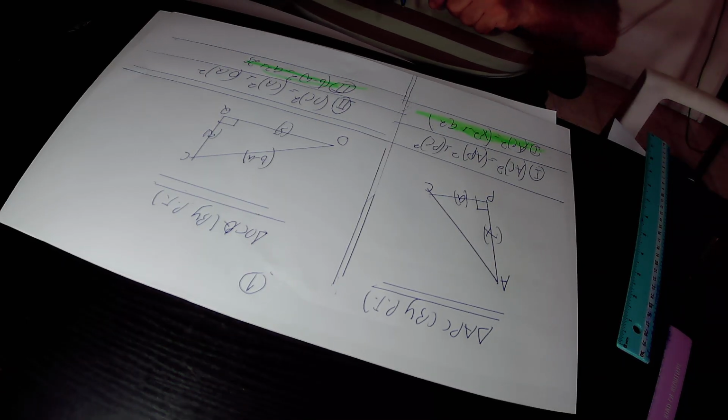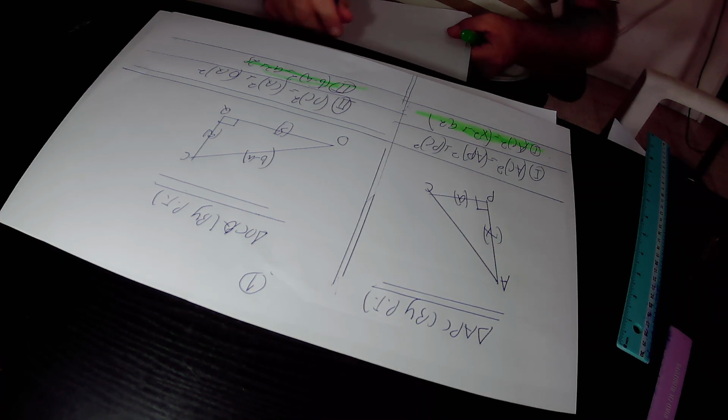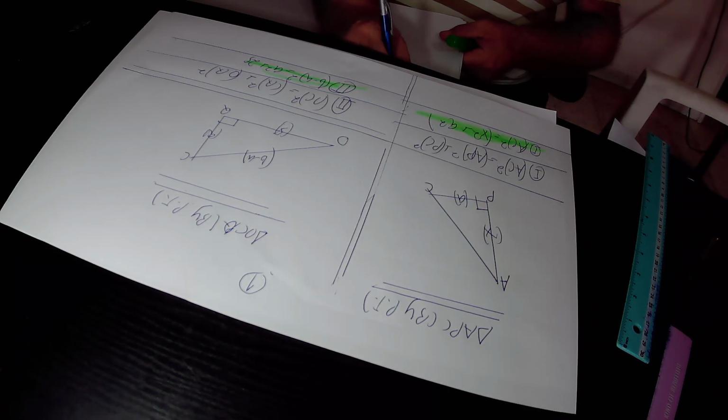So (B minus A) squared is equal to B squared plus A squared minus 2 times A times B, and it is equal to A squared plus 25.